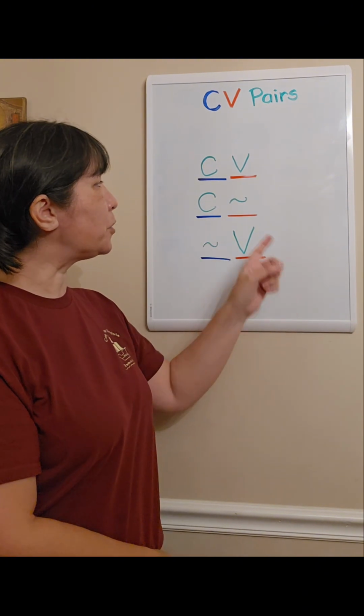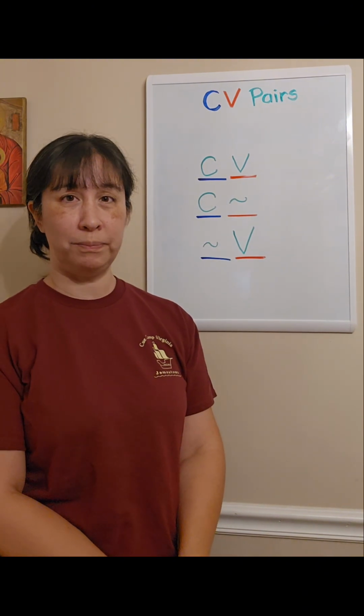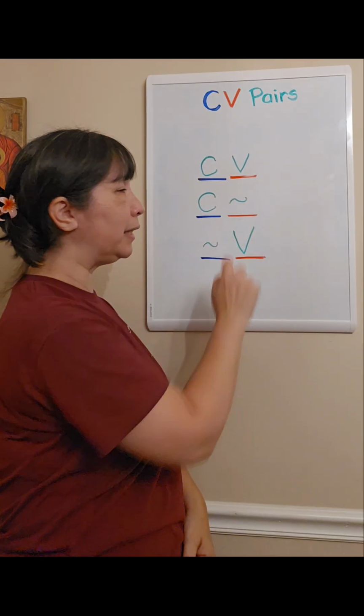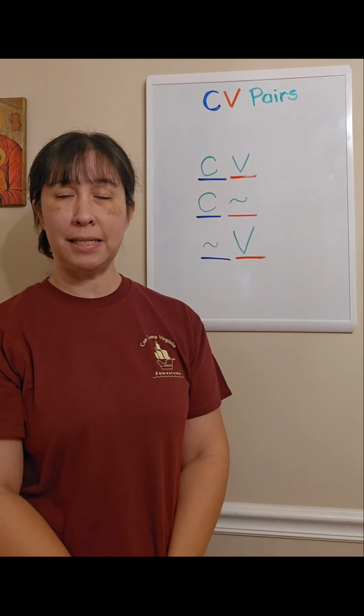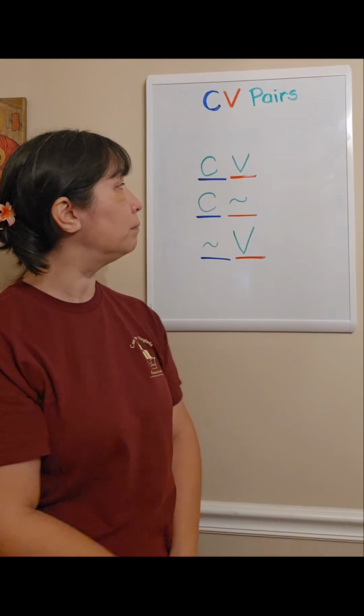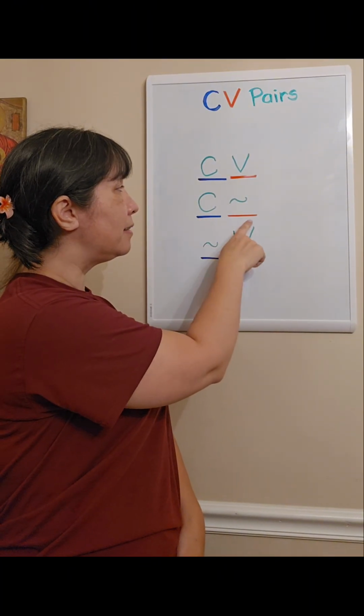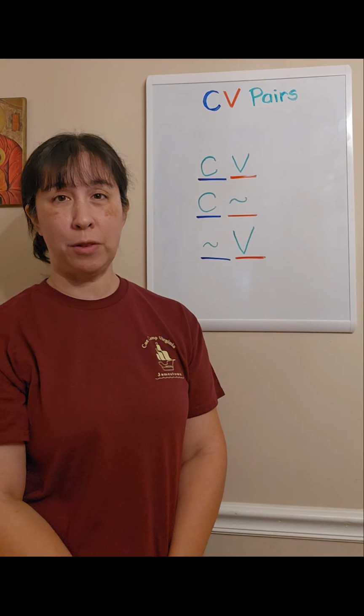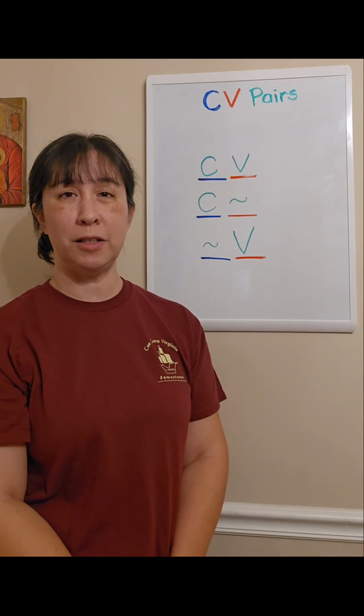Your second option is the consonant alone. I have this nice squiggly not symbol. It simply means that the sound does not exist there. So the consonant does not have a vowel following it. It is a consonant alone.